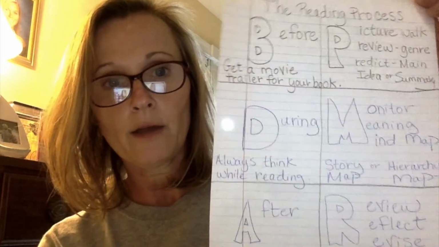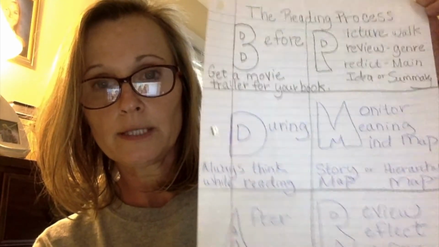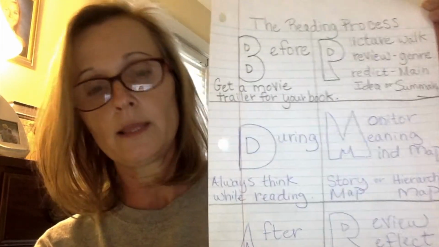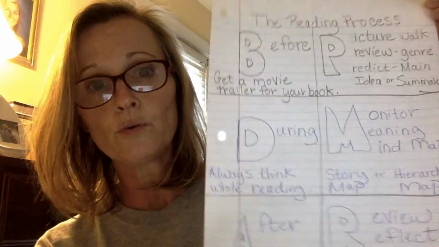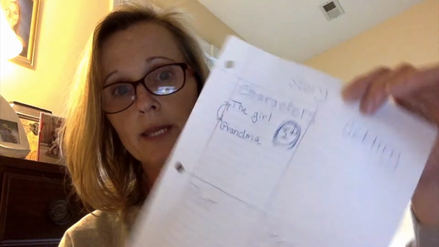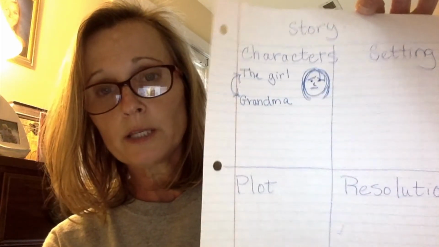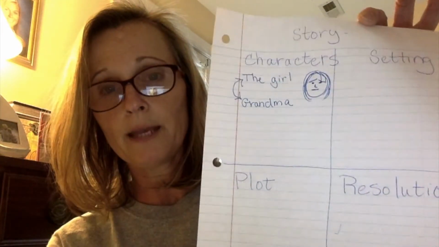So for now, make sure that you have created this anchor chart with your students and that it is on the wall for their reference and for your reference as you teach. Make sure that you're gradually building a gradual release process for using mind maps.